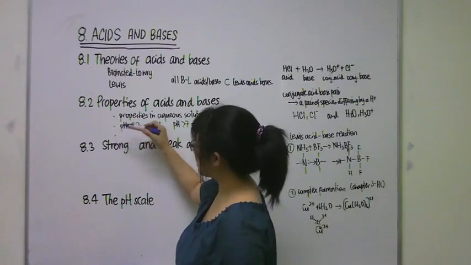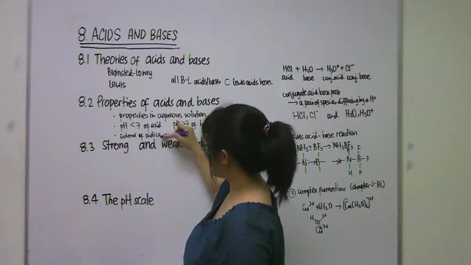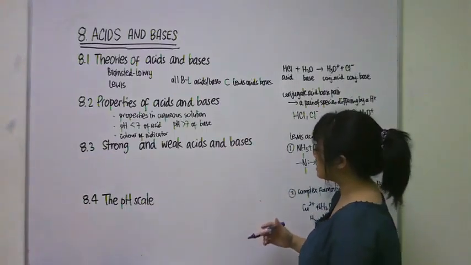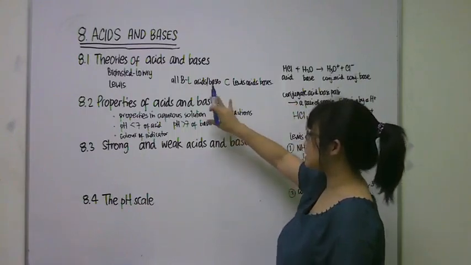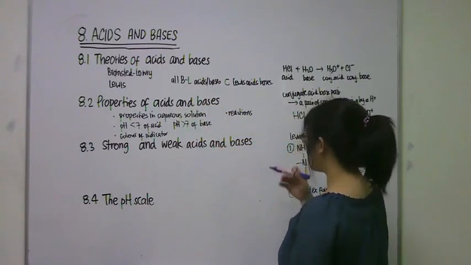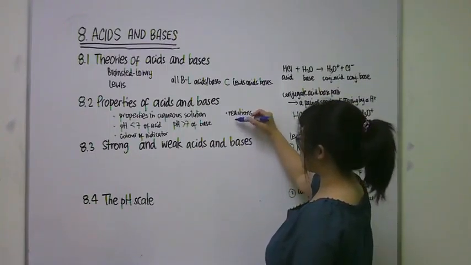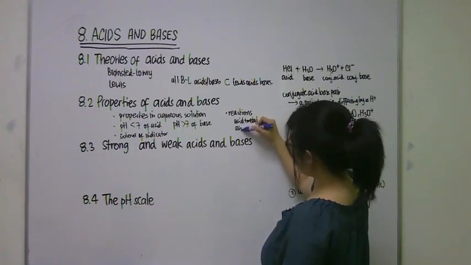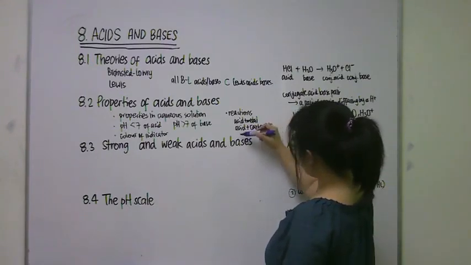And then you need to tell them about the color of indicators when acid is added or base is added. Okay, and the last one is reactions. This one they should have learned. Well, actually, this part they should have learned in earlier studies like O levels or IGCSE. So for reactions, you need to mention acid plus metal, acid plus carbonates, and acid plus base.